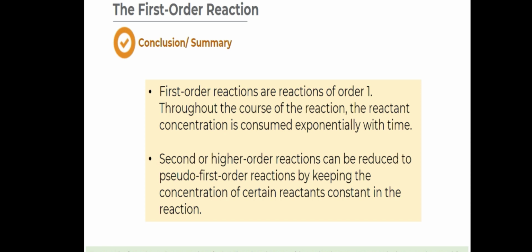To summarize, first order reactions are reactions of order 1. Throughout the course of the reaction, reactant concentration is consumed exponentially with time. Second or higher order reactions can be reduced to pseudo-first order reactions by keeping the concentration of certain reactants constant in their reaction.